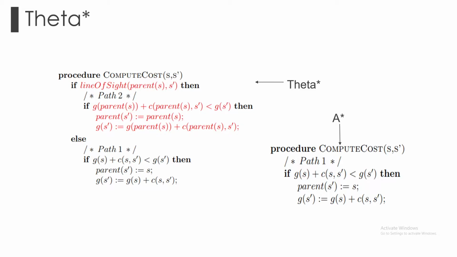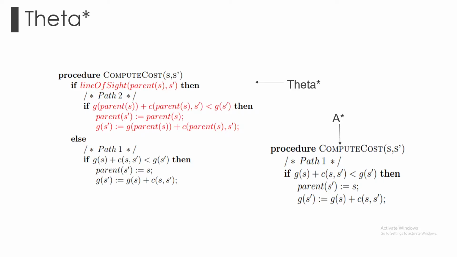We can calculate it based off our parent node and treat the parent node of this node as the parent of the next node. And this can be applied to all angles, unlike A star, which only can be done from the normal step angles.